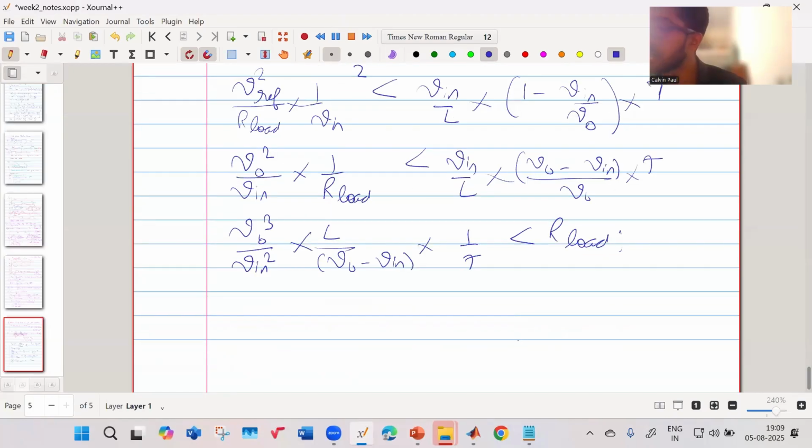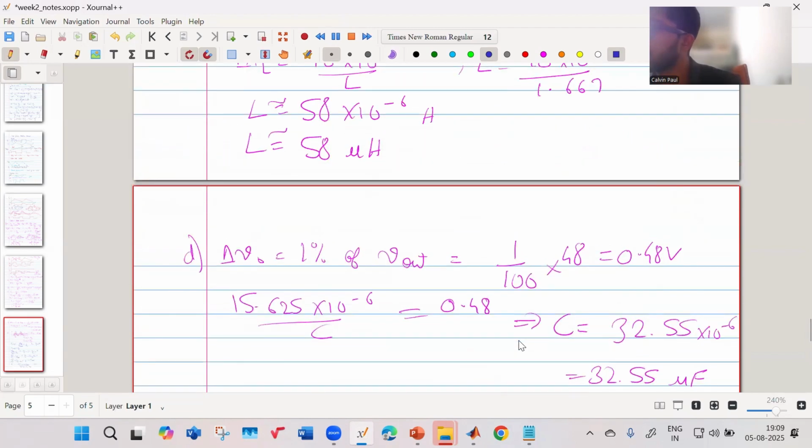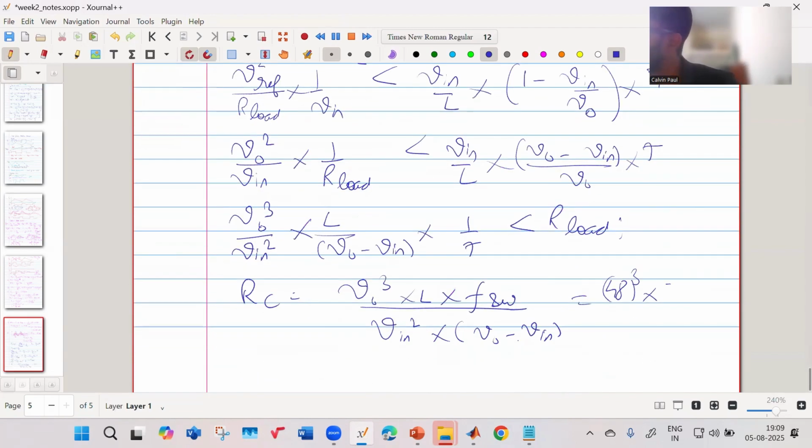So your critical resistance RC is V output cube into L into your switching frequency into your V in square into your V output minus V in. Can you find this value? Your V output is 48 cube. L came out to be 58 microhenry. 58 into 10 to the power minus 6 into switching frequency, 100 into 10 to the power 3, divided by V in square, that is 12 square, into V output minus V in, that is 48 minus 12.